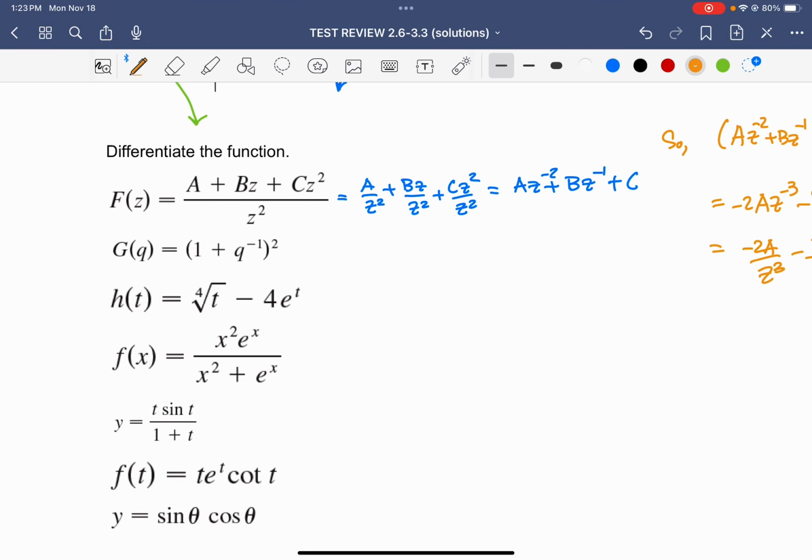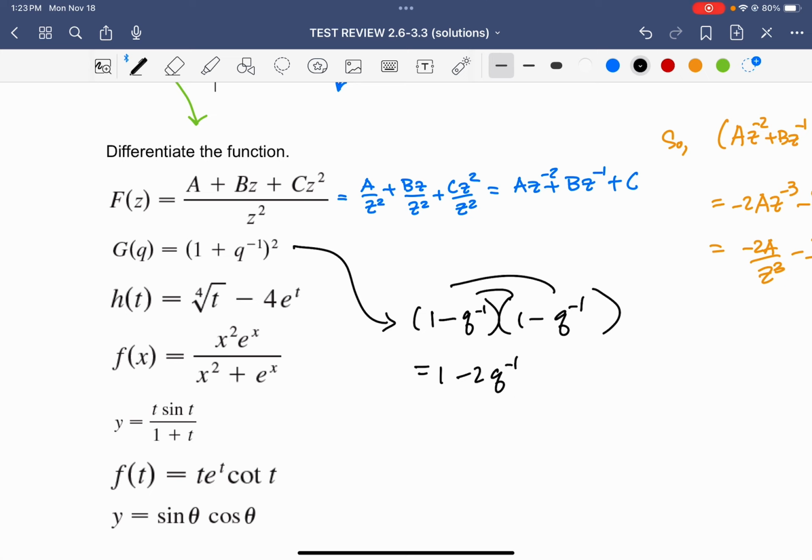Then if we want to do this one, so here, before I do anything again, I'm going to change the form. Squared just means that we take this times itself. So we get 1 minus 2q to the negative 1, and then plus q to the negative second.